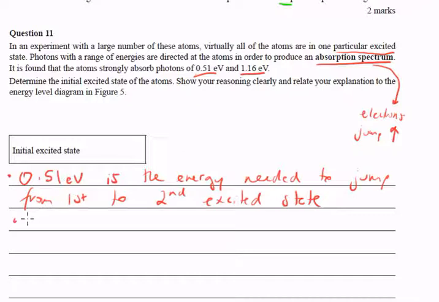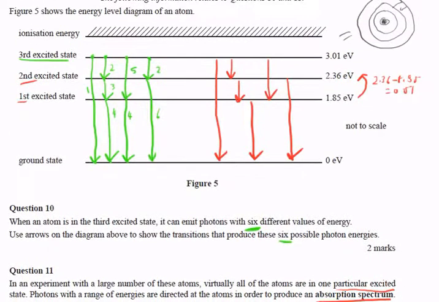The other one, 1.16, is energy needed to jump from here up to here, because 3.01 minus 1.85 equals 1.16.